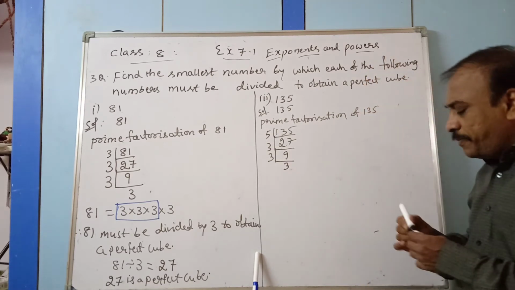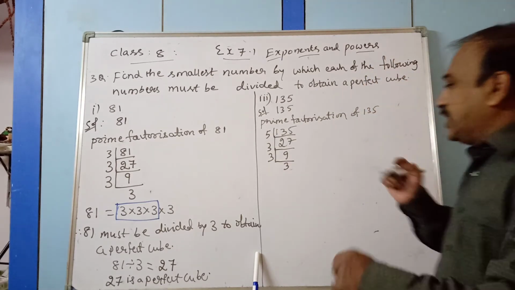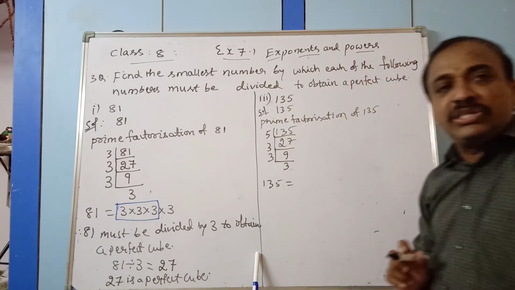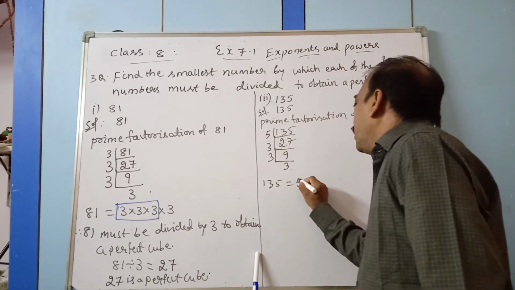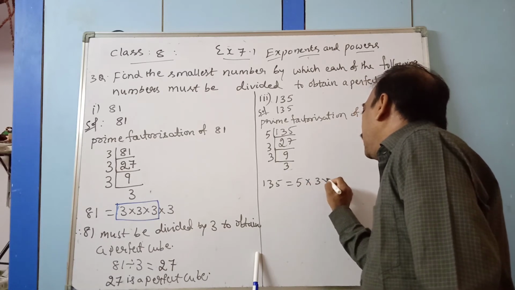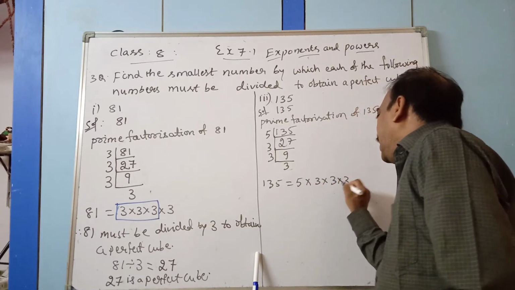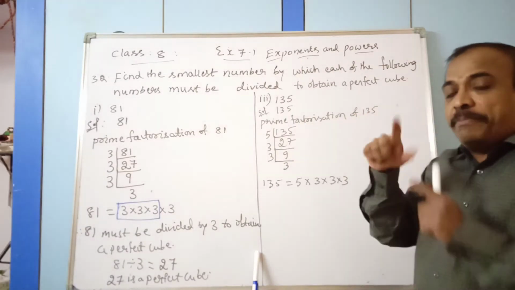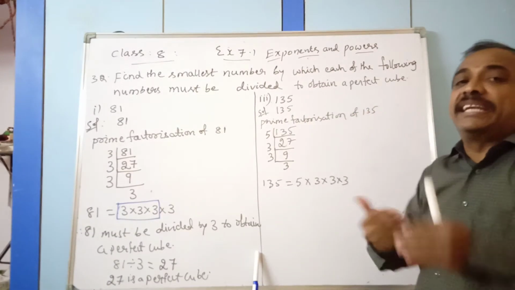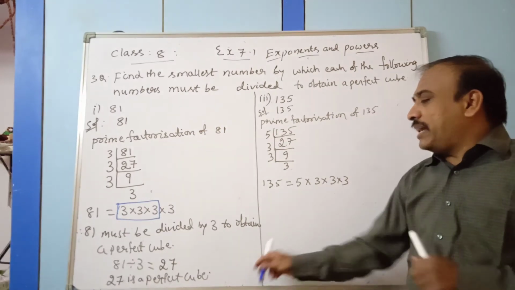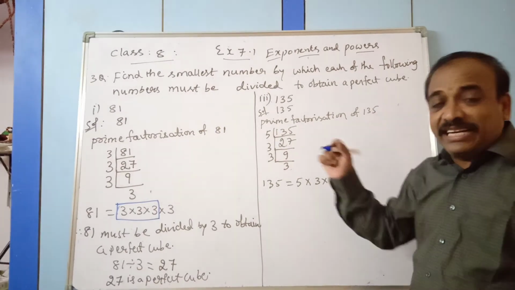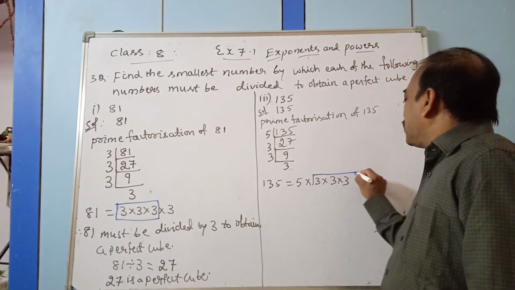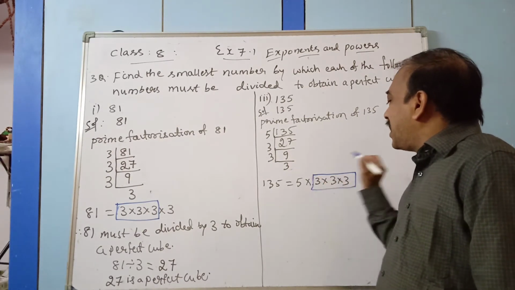Now check it. Prime factorization: 135 is equal to 5 into 3 into 3 into 3. Now what is the step you have to do? You have to make it triple. Each number which is repeating 3 times is one group. Here 3 is repeating, so that is a triple group.